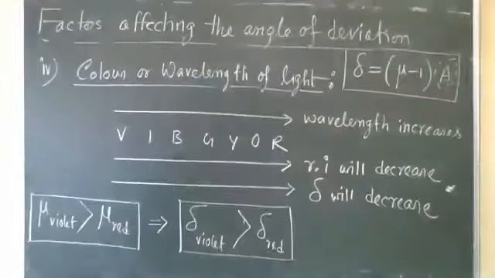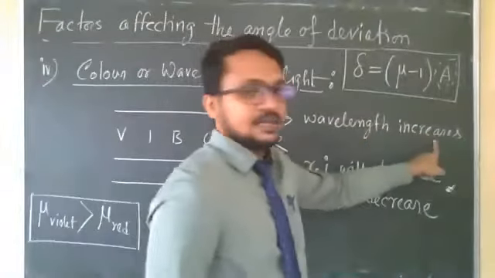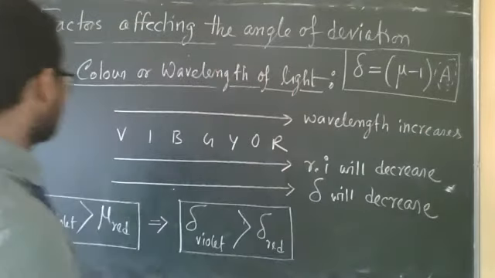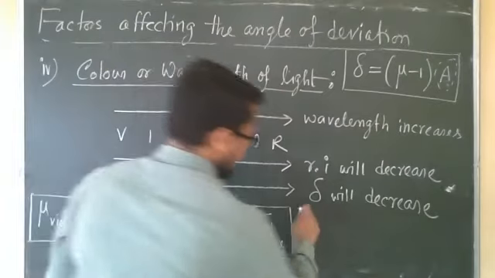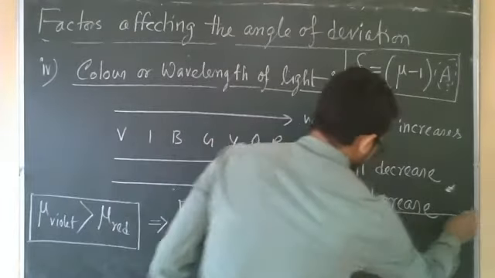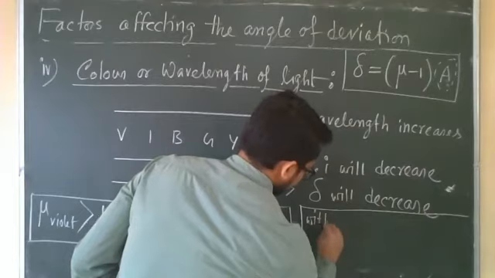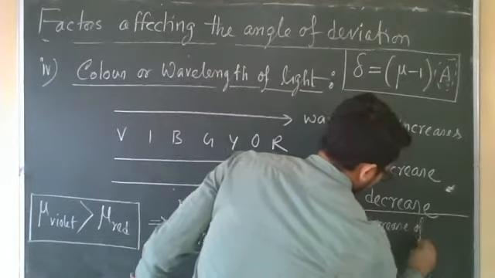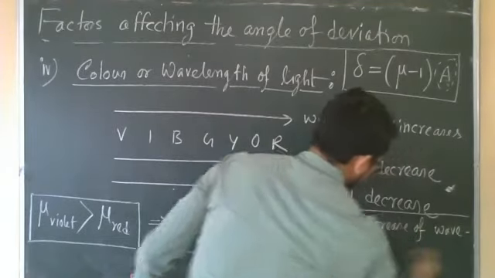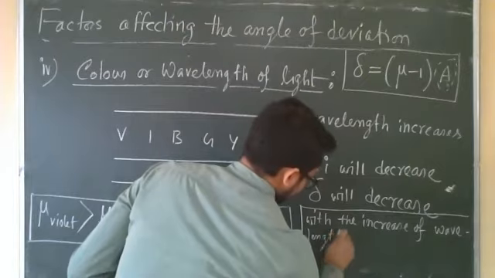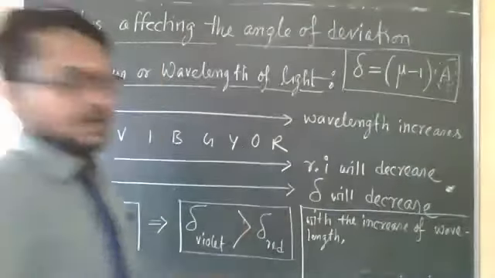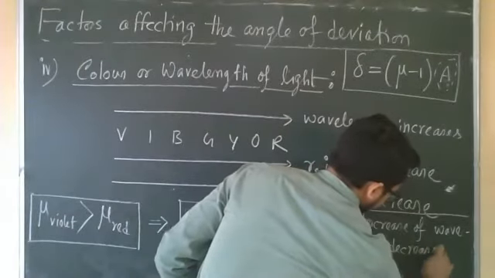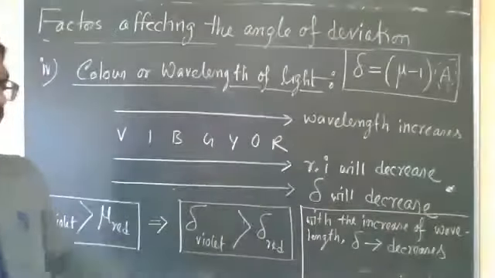So what we are saying is, with the increase of wavelength, the angle of deviation decreases, right? We can write it in one place. Here I am writing: with the increase of wavelength, delta decreases.